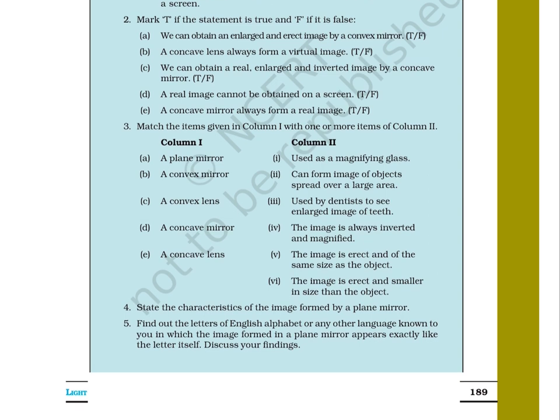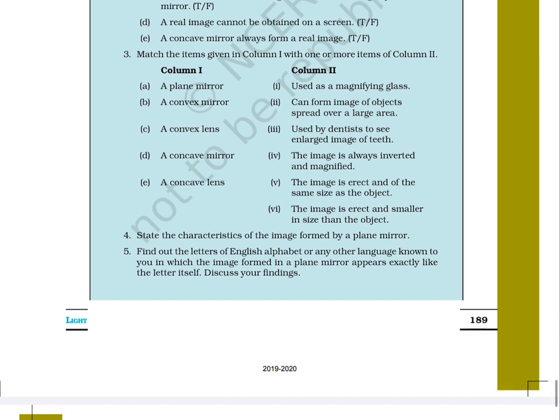3. Match the items given in column 1 with one or more items of column 2. Column 1. A. A plane mirror. B. A convex mirror. C. A convex lens. D. A concave mirror. E. A concave lens. Column 2. 1. Used as a magnifying glass. 2.